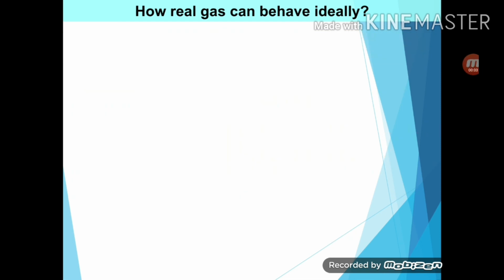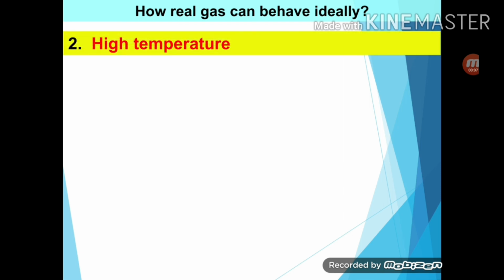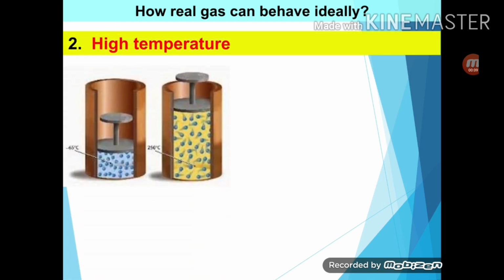Now, let's move to the second condition, which is at high temperature. So, look at this diagram. We can see that the first container temperature is equal to negative 65 degrees Celsius and the second container temperature is equal to 50 degrees Celsius. This means that the temperature of container number 2 is higher than the temperature in container number 1.